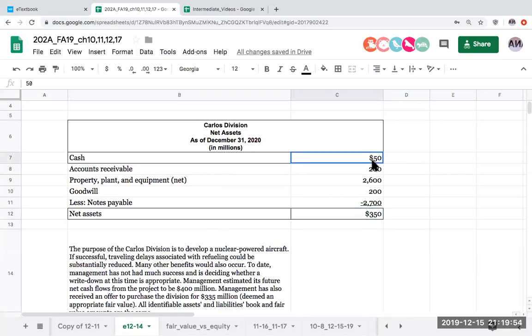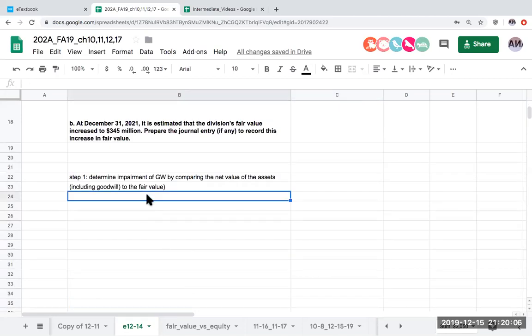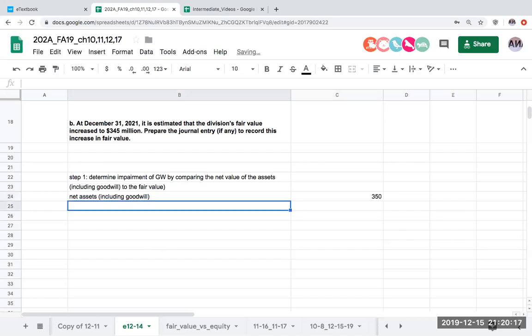It's my assets of 3,050 less the 2.7 of liabilities, which is 350 million. So my net assets, including goodwill, are going to be 350 million.